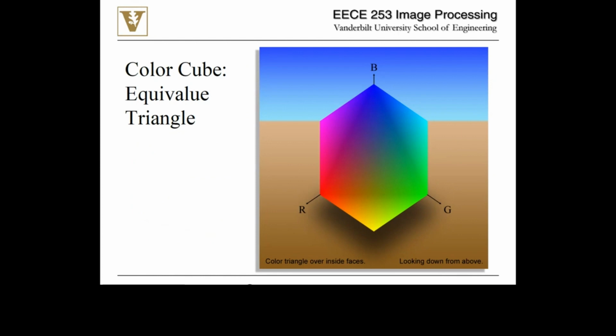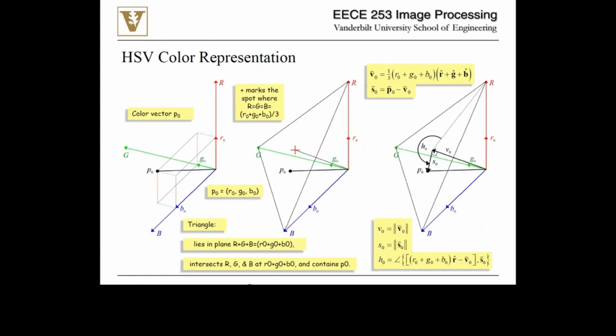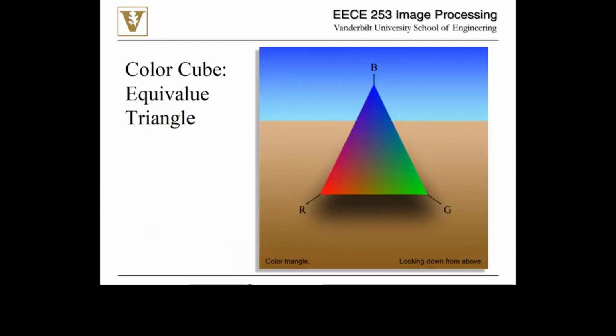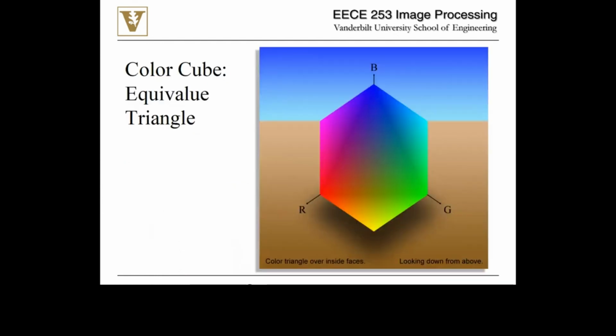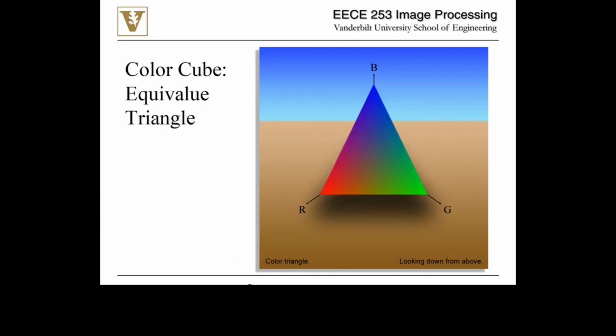Okay, so now let's look from the color cube facing, so the origin is behind the hexagon. So here is the whole color cube somehow rendered, and these are the triangles that we are constructing.